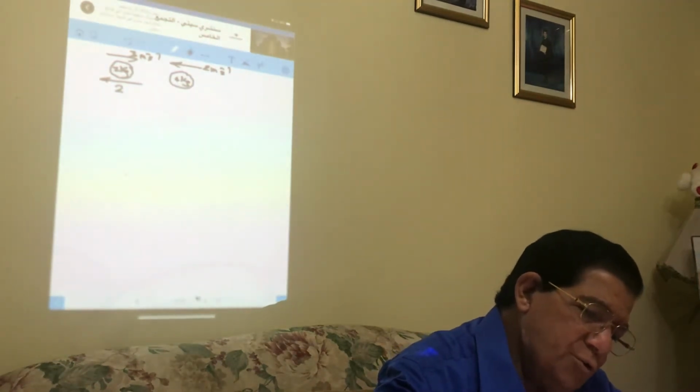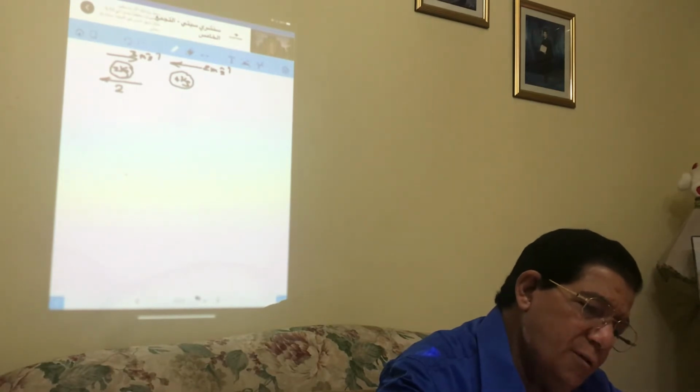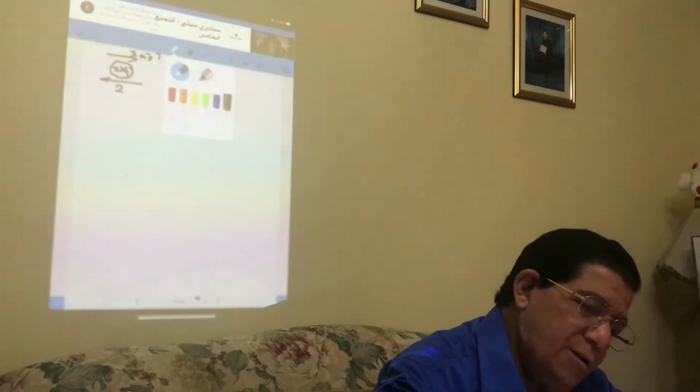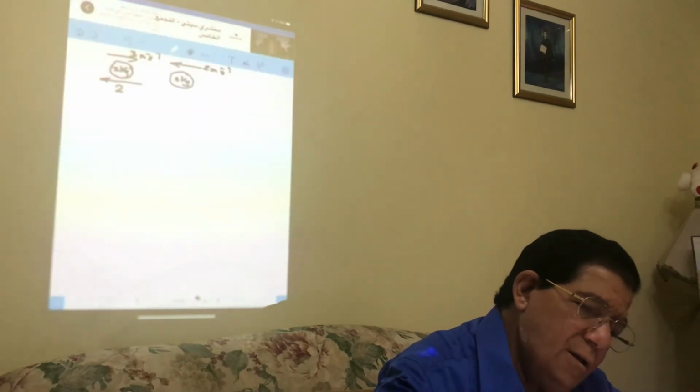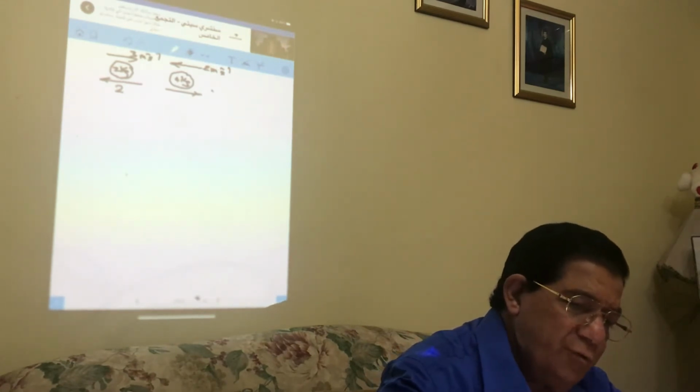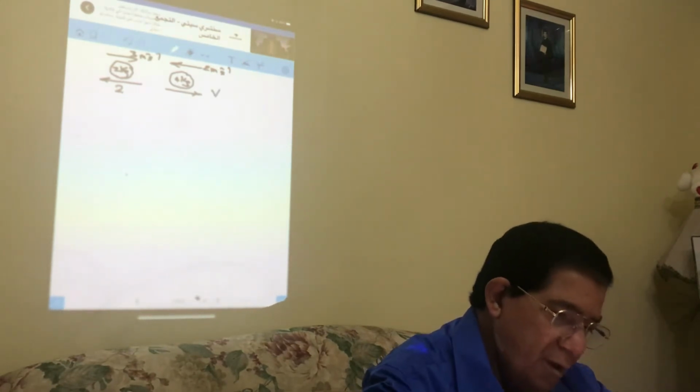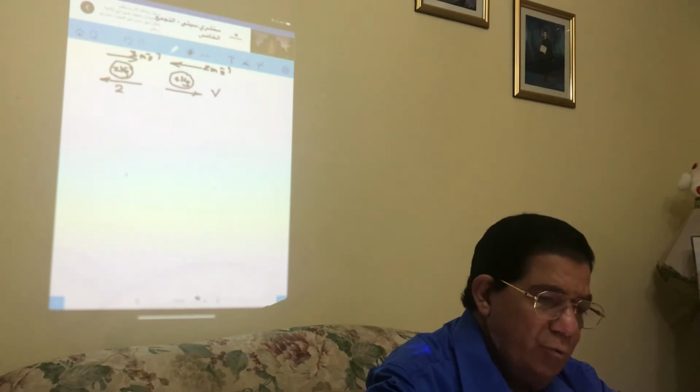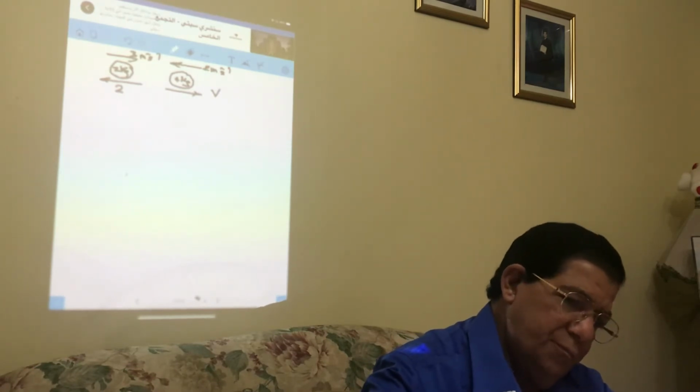So since we don't know it, we give it a positive direction, and we call this velocity v. Any velocity unknown, we give it a positive direction.